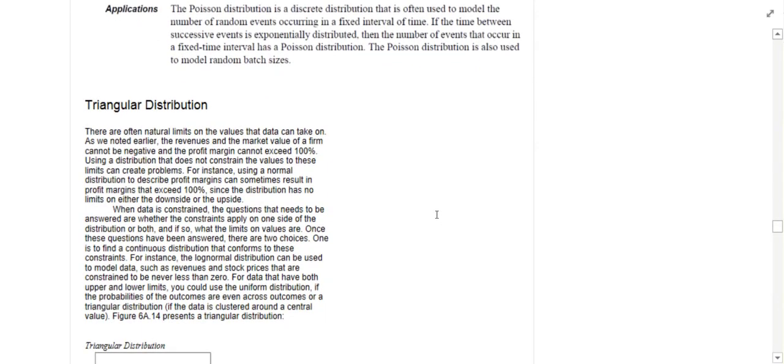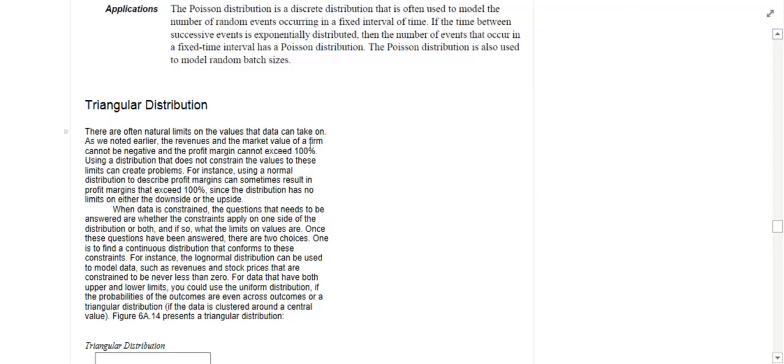So another distribution that we use is a very straightforward one. It's got bounds to it, so it's sometimes useful for some of the stuff that we do. It's used where there are natural limits on the values that the data can take on. As we discussed earlier, the revenues and the market value of a firm can't be negative, and the profit margin can't exceed 100%.